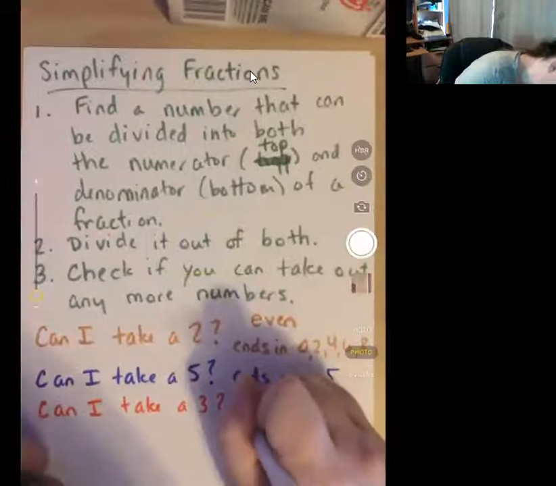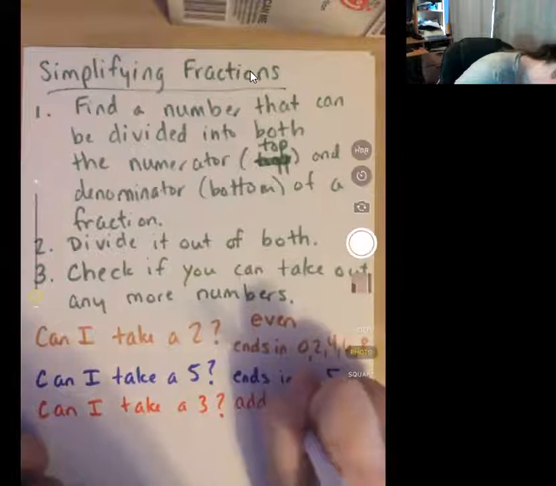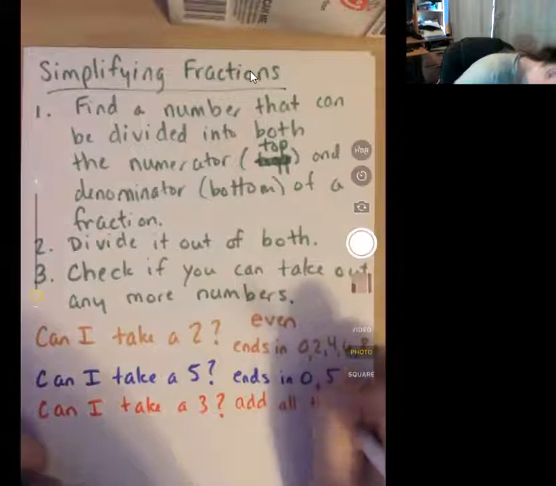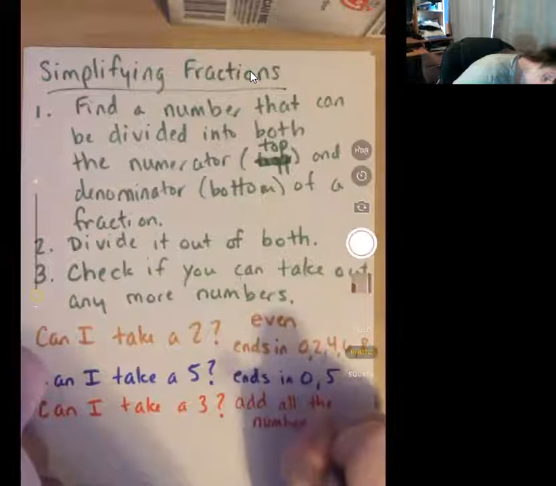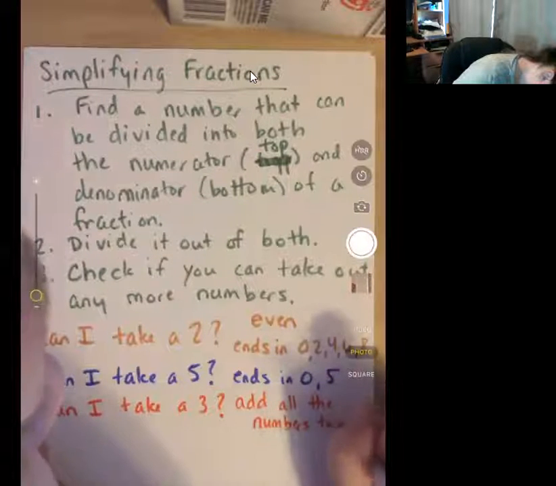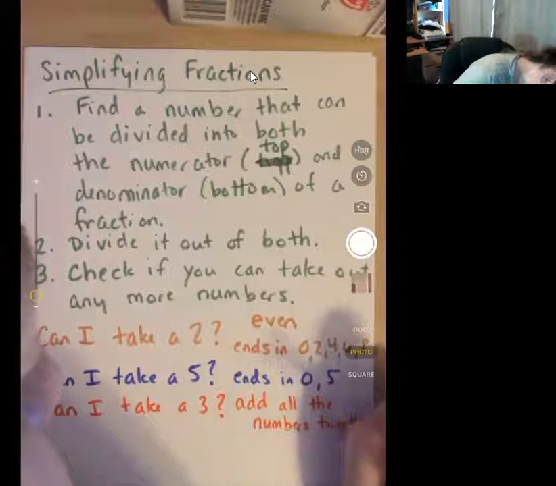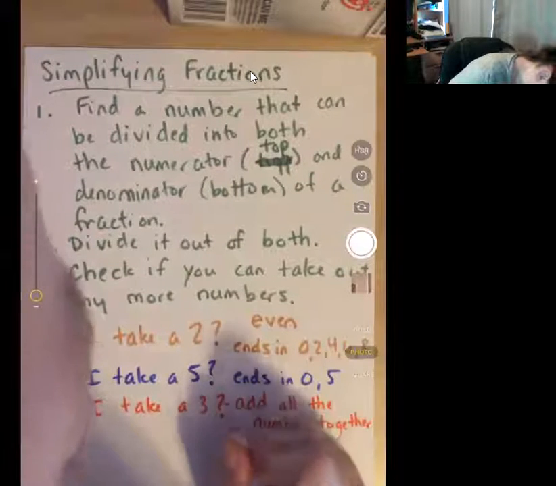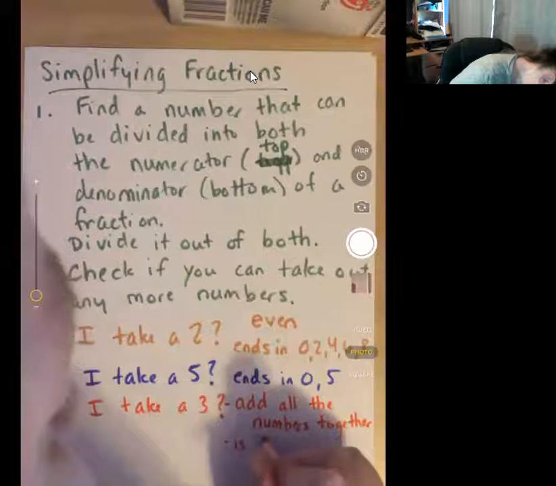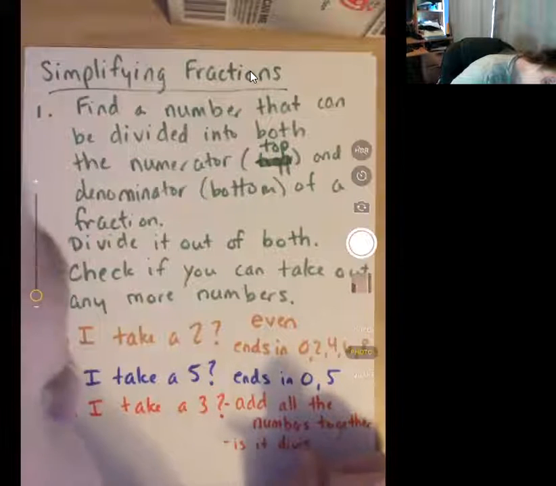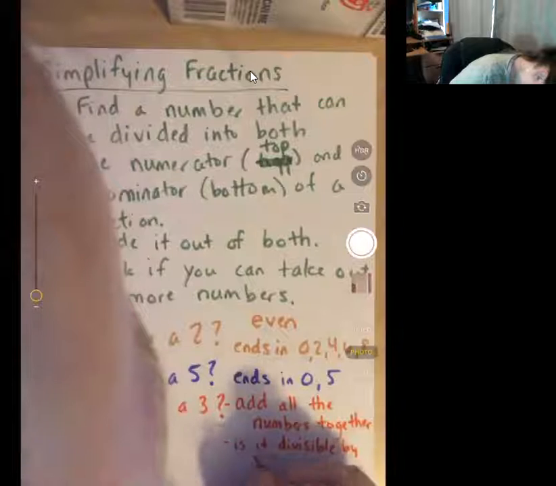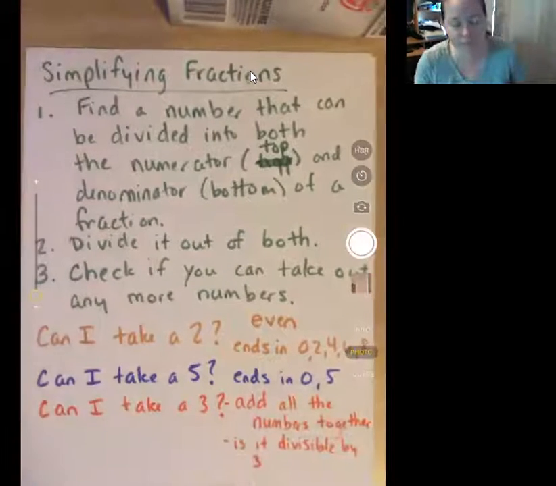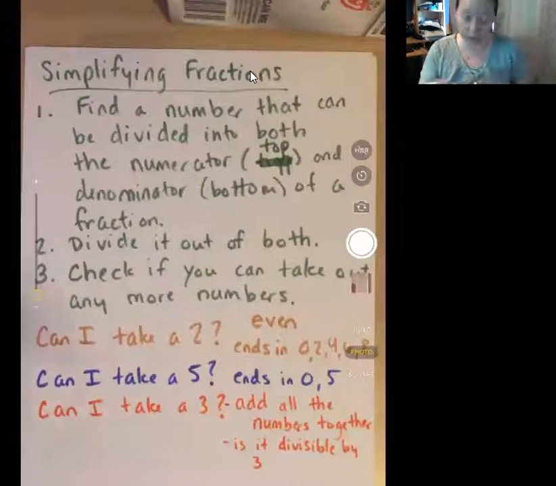So add all the numbers together. And then, is it divisible by 3? So what I'm talking about here is this.